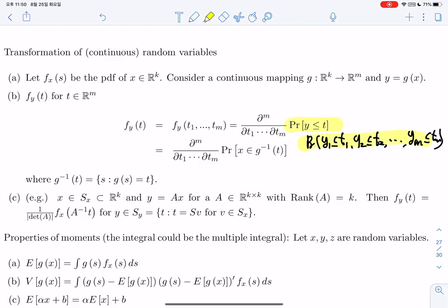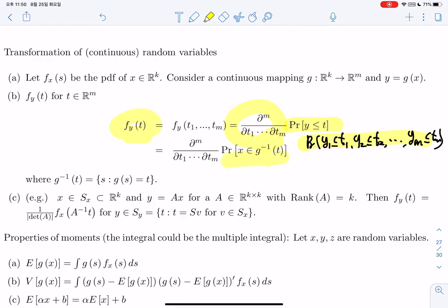That's what this part means. Okay, and you are going to take partial derivatives, m times, mth order partial derivative, and that's your PDF of y, and that's this, right?